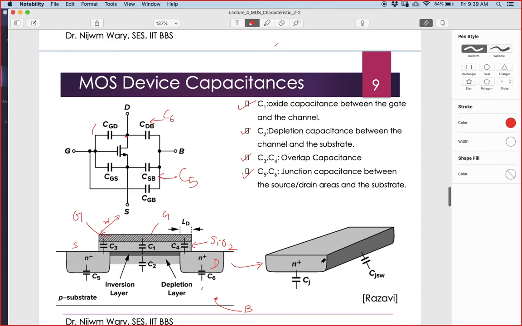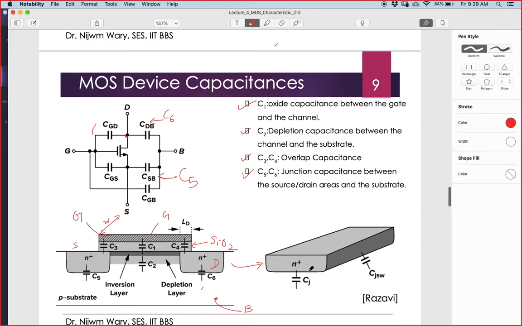Sidewall capacitance is defined as capacitance per unit length, and depending upon the perimeter we can find the total capacitance due to the sidewall. The bottom plate is defined as capacitance per unit area, and depending upon the area, I can find the capacitance between the drain and the bulk, and the total capacitance will be added like that.